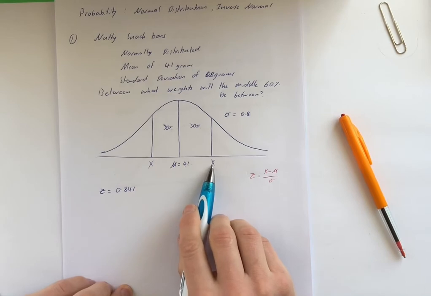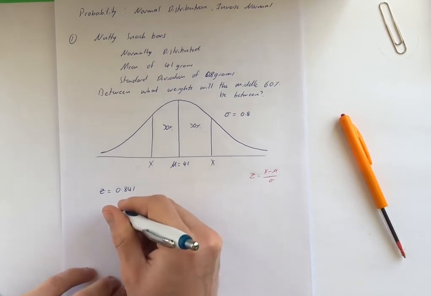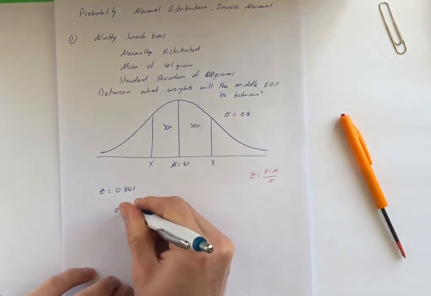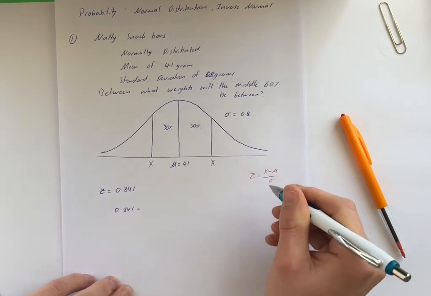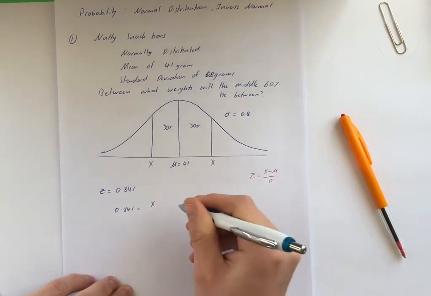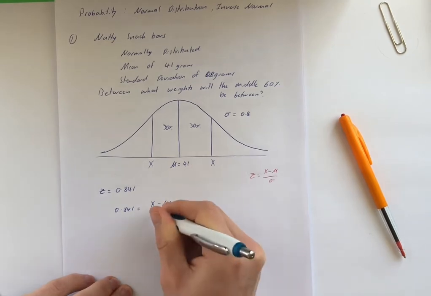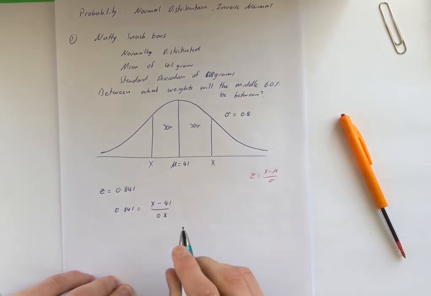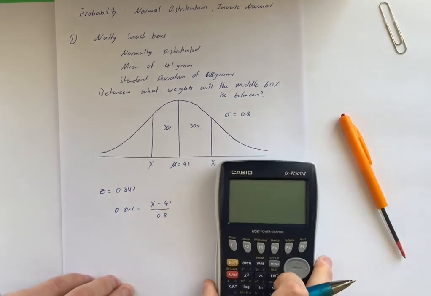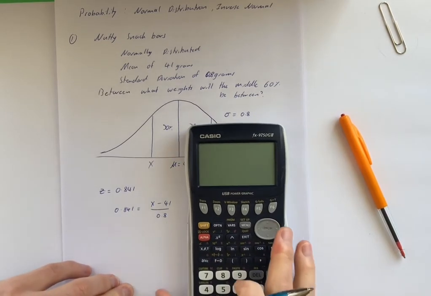So let's figure out this positive X value first. So 0.841 is equal to X, the unknown value, minus the mean, 41, over the standard deviation.